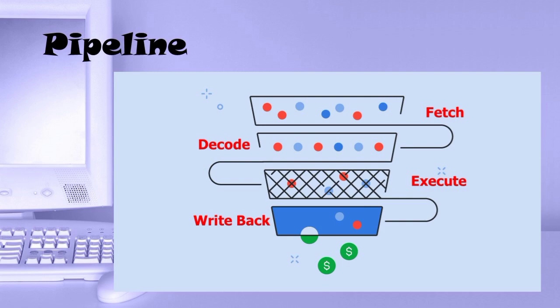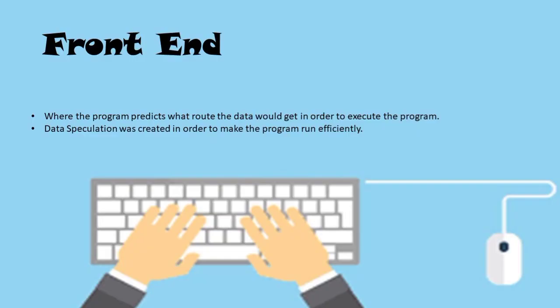To measure the depth of the pipeline, these stages are also divided into smaller operations, called UOPs, or micro operations. In the front end, the program predicts what route the data would take in order to execute the program. Data speculation was created in order to make the program run more efficiently.